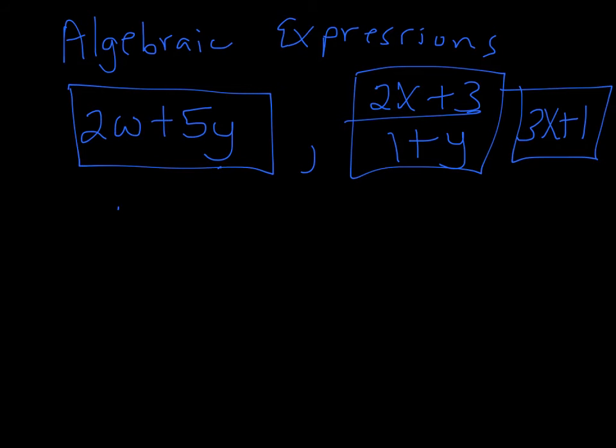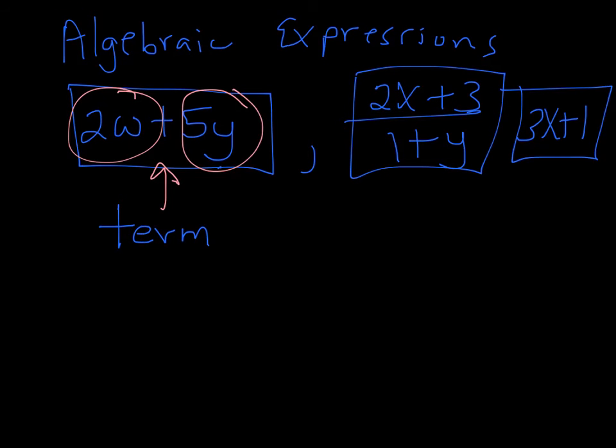Okay. So there's a couple of vocabulary words we should point to, and the one is the word term. The terms are separated by addition and or subtraction signs. So this first expression that we have has two terms. So we have the 2w and then the plus sign, which separates the second term, which is 5y. So it has two terms. This expression also has two terms.